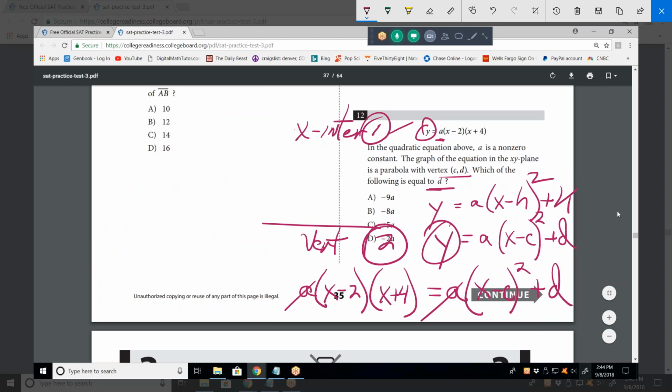It's actually relatively easy. Let's start with what we have: (x − 2)(x + 4) = (x − c)² + d.